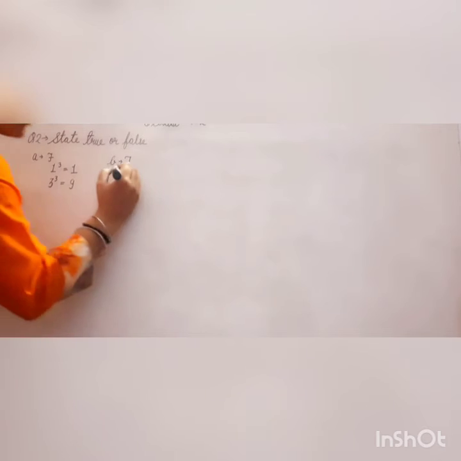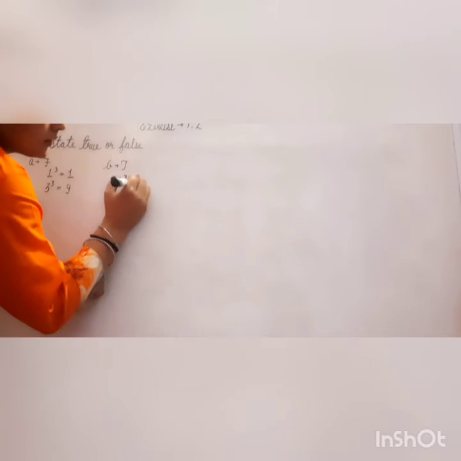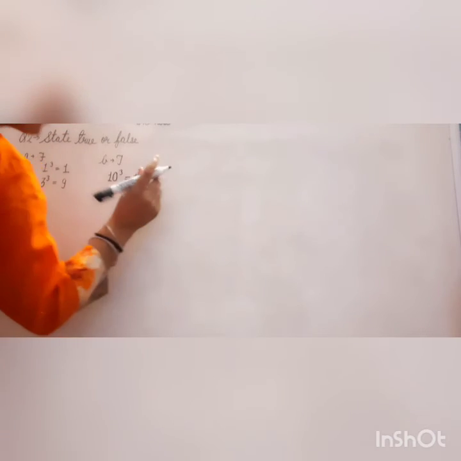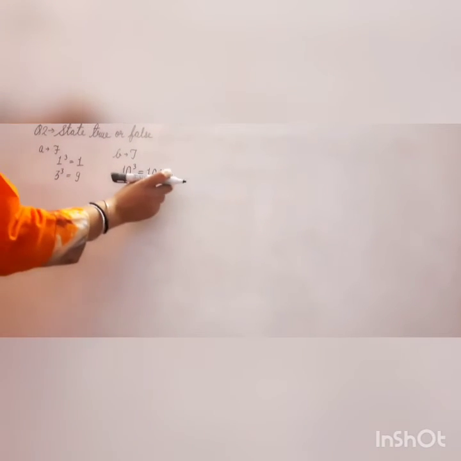You can solve it. If you multiply 10 by itself 3 times, it will come 1000. You can see that a perfect cube ends with 3 zeros, not 2 zeros. In the question it is given that a perfect cube does not end with 2 zeros. That's why this statement is true.